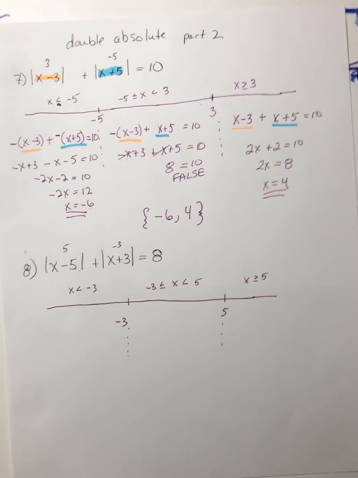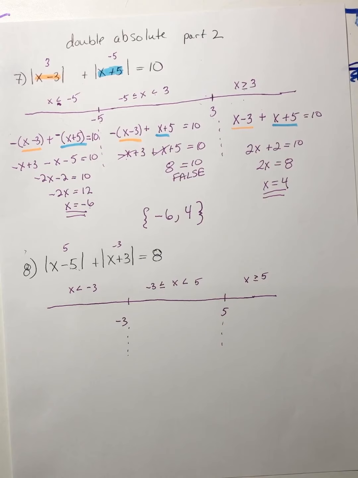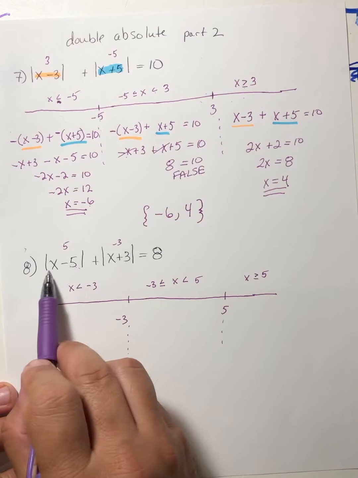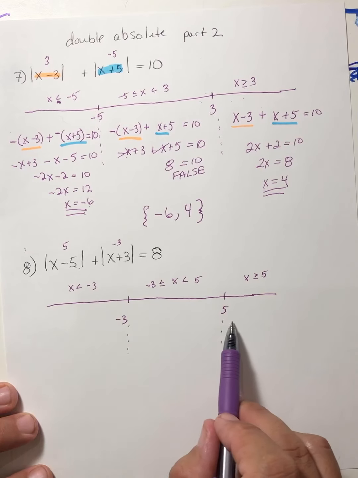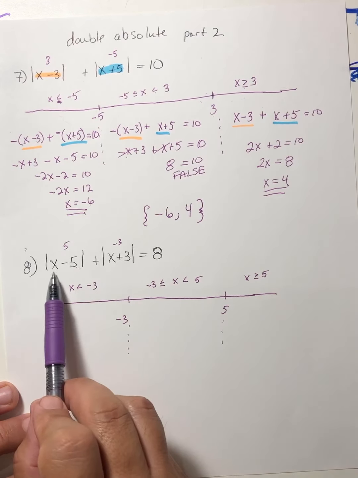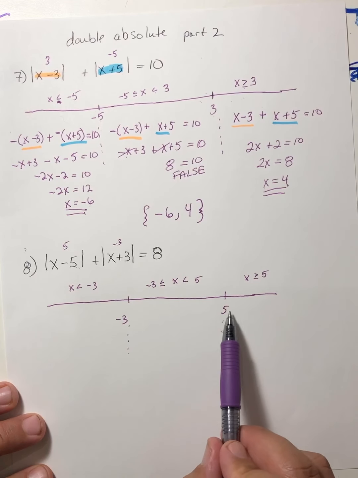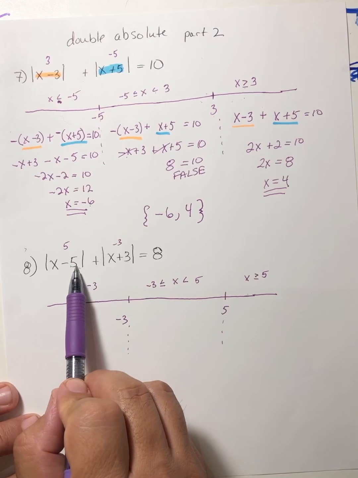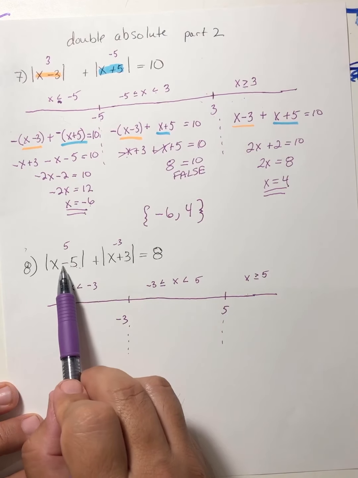All right, so let's get this one solved out and see what happens. Again, I'm going to start with x minus 5 because it's written first, so it's easier for me to do my equations in here. Here's 5 right here. Remember, everything to the right of 5, anything inside here will be positive. 5 makes it 0.